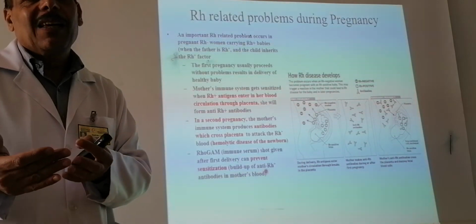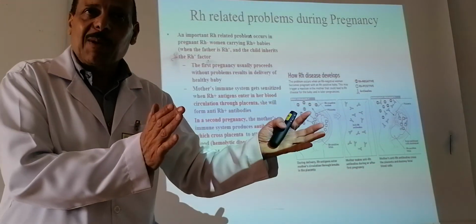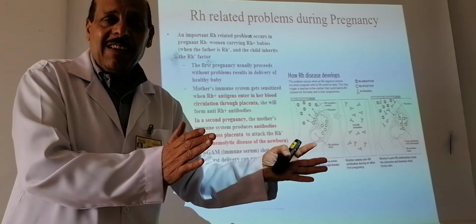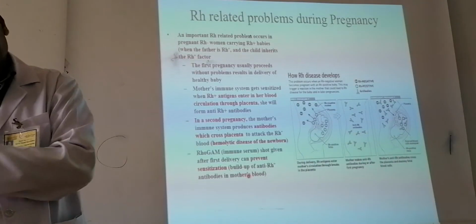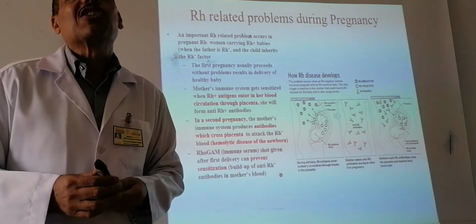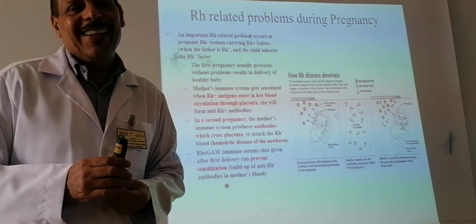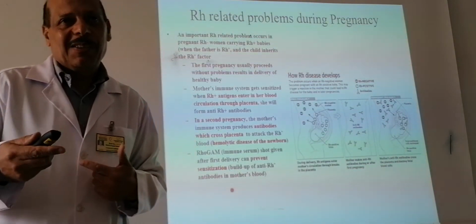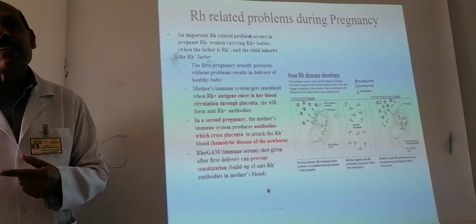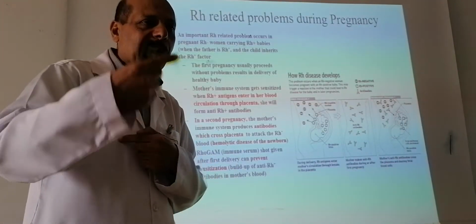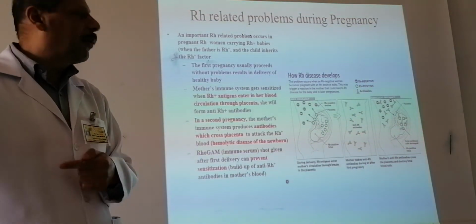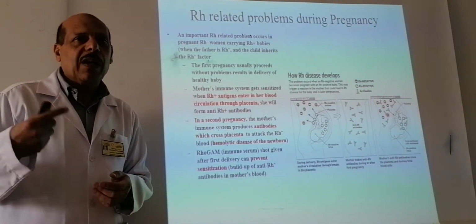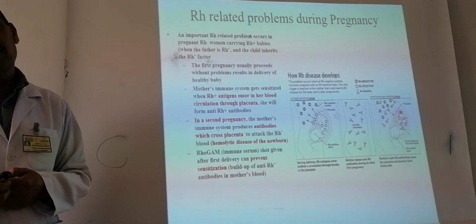That means if you have the antibodies ready in your body, in this case, it will fight without stimulating the production of new antibodies. But if antibodies are not there, your immune system will be stimulated and it will produce a high amount of antibodies and it will attack the child.